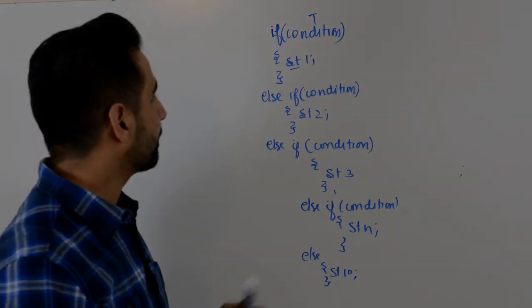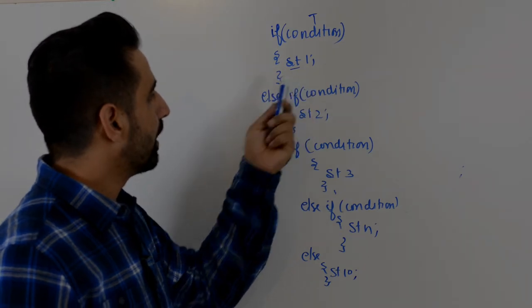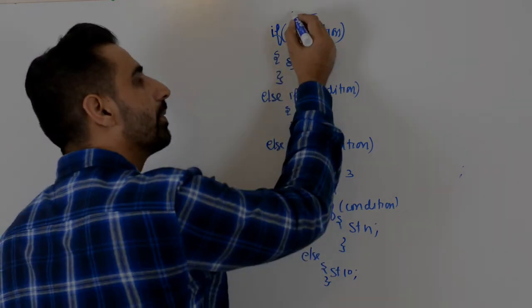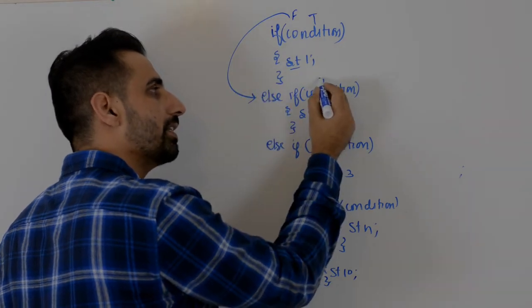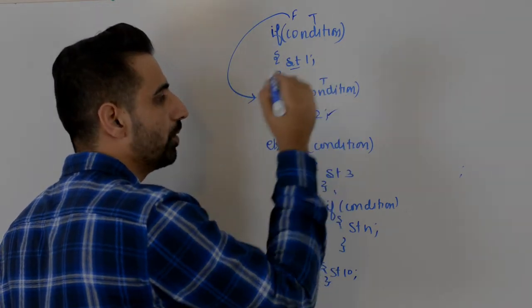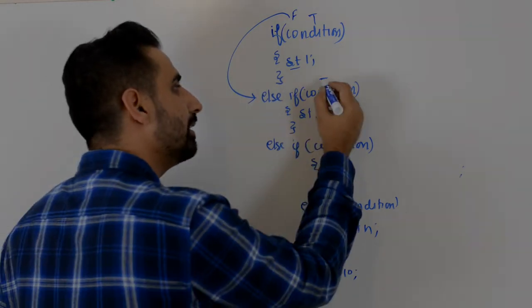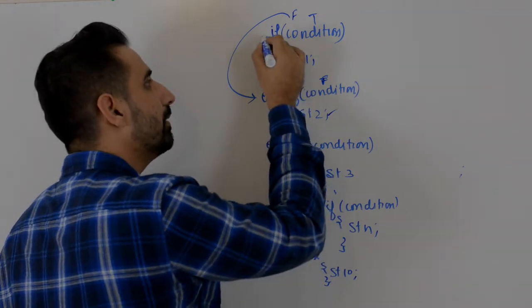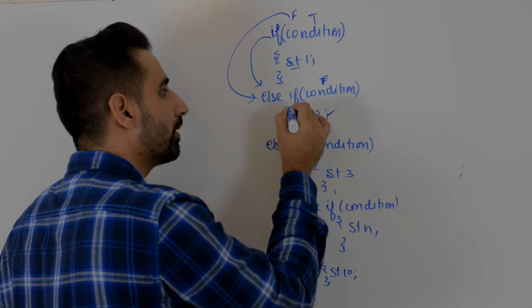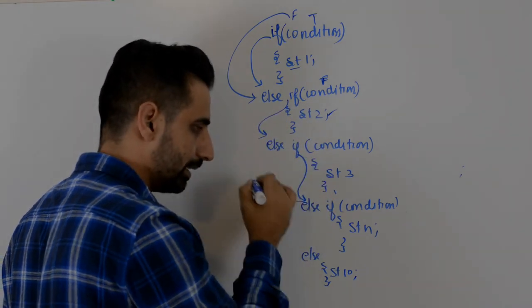So if condition is true, then statement 1 will execute. If condition is false, then it will go to the else part, and again it will check the condition. If the condition is true, then statement 2 will execute and the rest of the statements will be skipped. But if this condition is false, again it will go on, because for this if, this else is related.